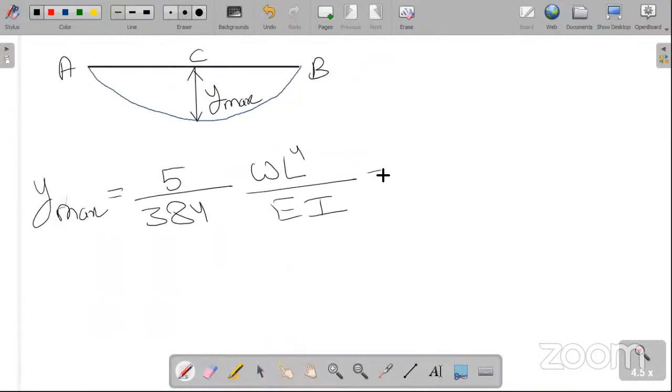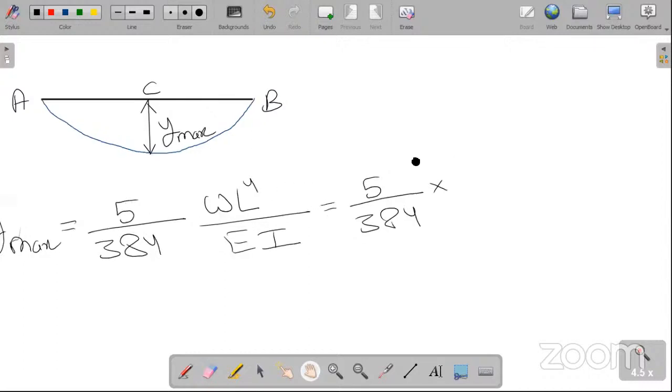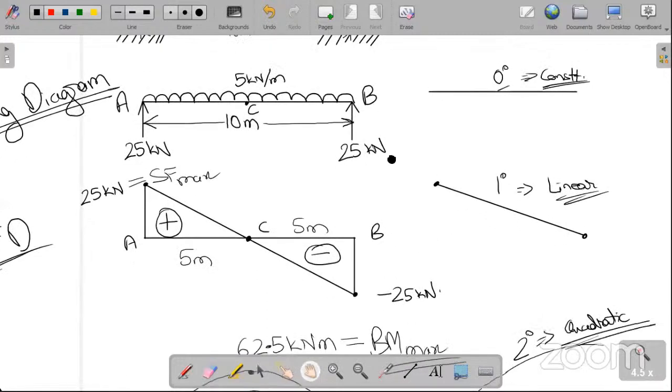So the formula is 5 by 384 multiplied by W. What is W? W is the UDL, whatever UDL we have on this beam, and it is equal to 5 kilonewton per meter.